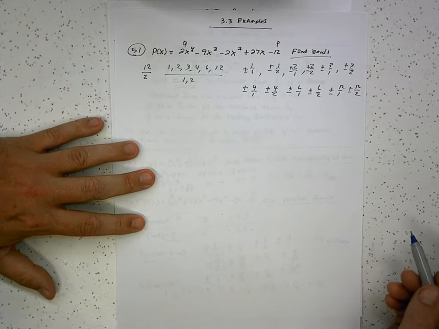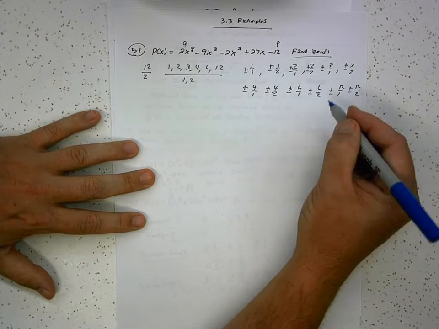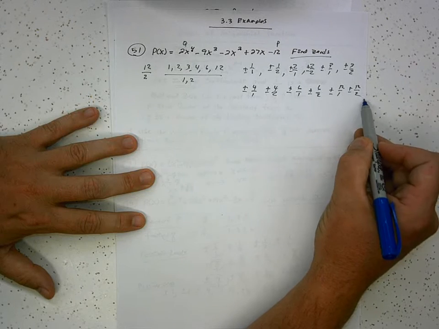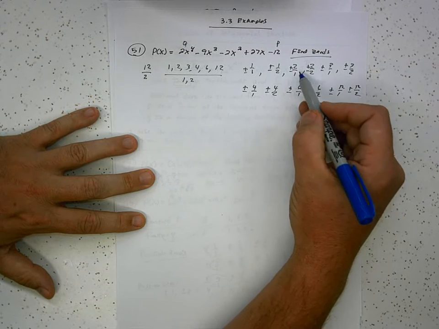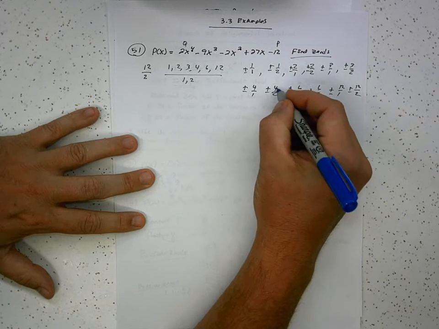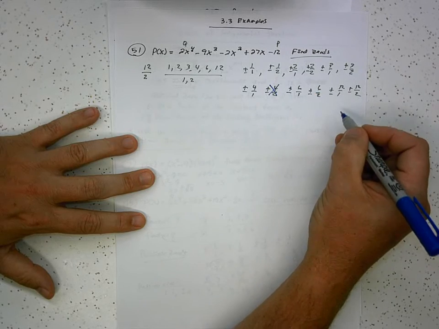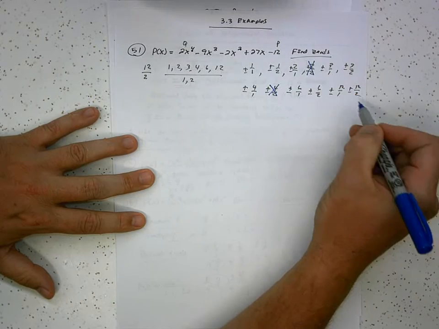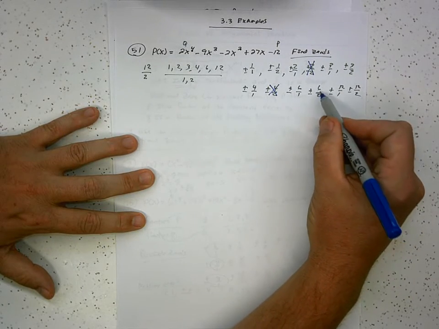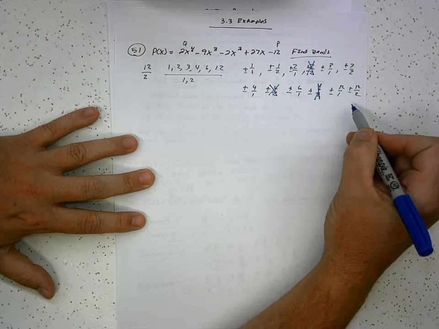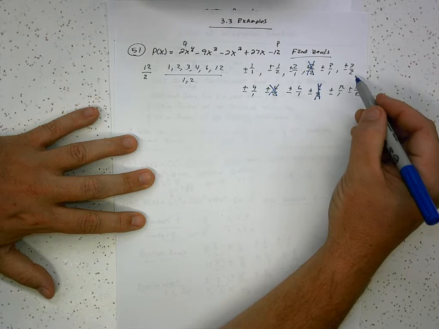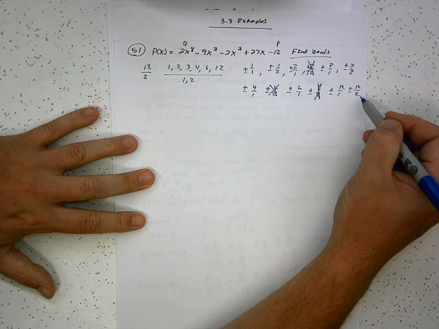Let's get rid of the ones that are the same thing. 1 over 1 is 1. I don't think I have any other 1s in here. 2 is 4 over 2. Oh, I do have another 1 there. 3 is 6 over 2. 3/2. Okay, 4.